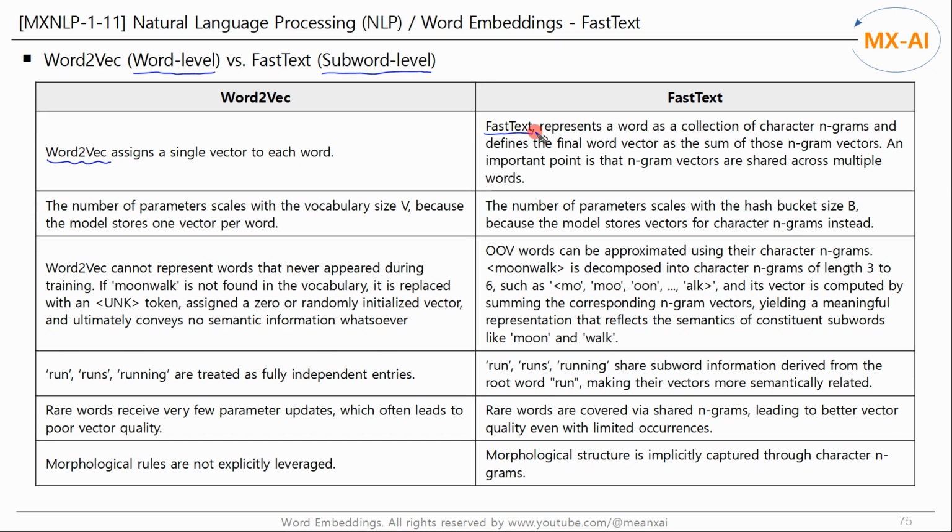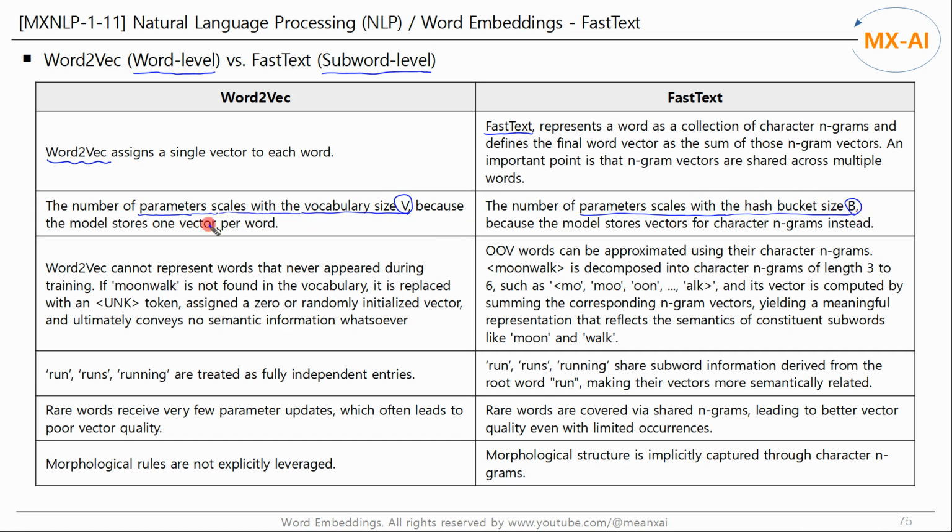An important point is that n-gram vectors are shared across multiple words. In Word2Vec, the number of parameters scales with the vocabulary size because the model stores one vector per word. In FastText, the number of parameters scales with the hash bucket size because the model stores vectors for character n-grams instead. We'll discuss hash buckets in more detail in the next lecture.